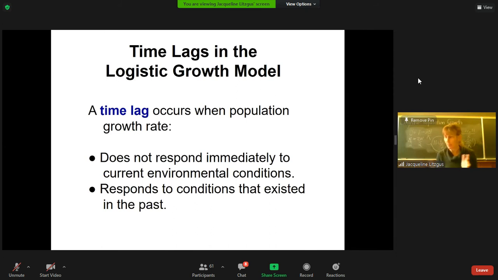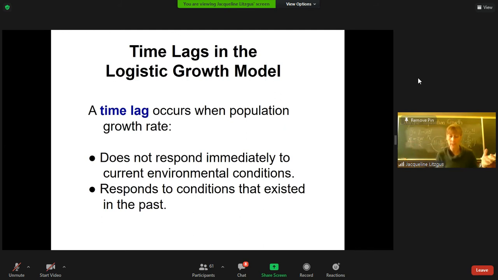For example, the birth rate in a population depends on the population size when the individuals got pregnant. If there's a really long gestation period, say a 12-month or 18-month gestation period, when those individuals are actually born, the environmental conditions could be quite a bit different than back when the females first became pregnant. There's that time lag of that lengthy gestation period.